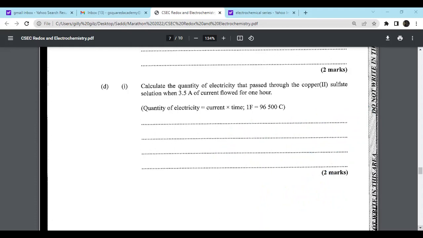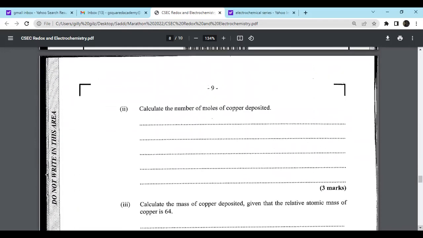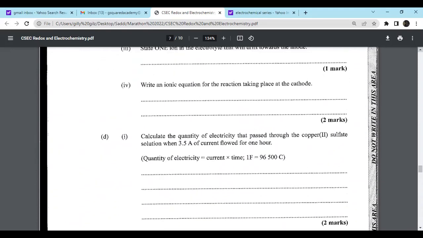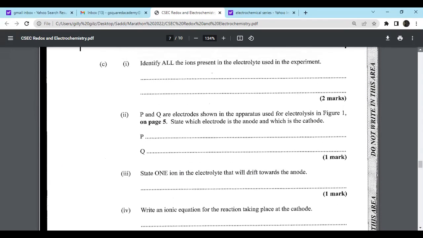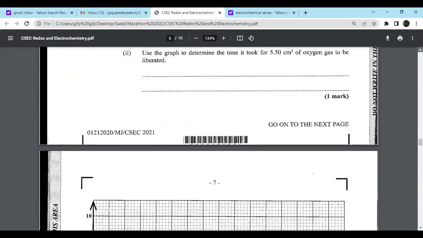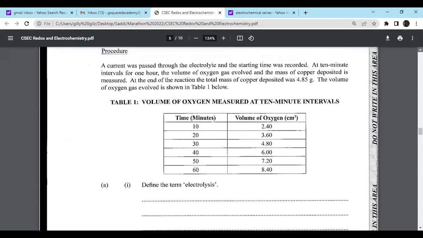On to our next question. Our next question now says, calculate the moles of copper deposited. Okay, the question actually gave the mass of copper deposited, so I have to go all the way back up to the top to get that.